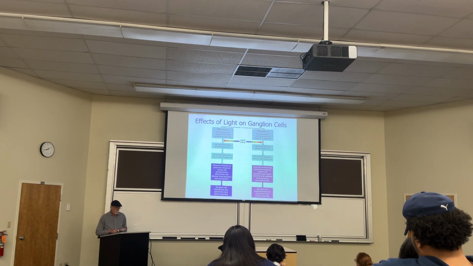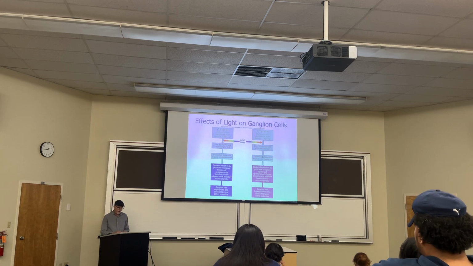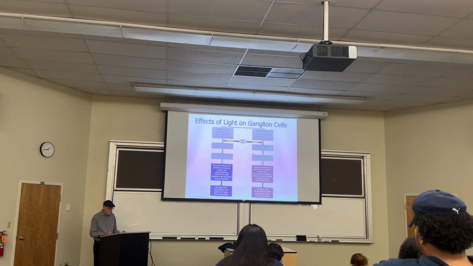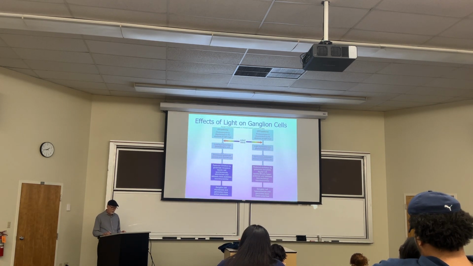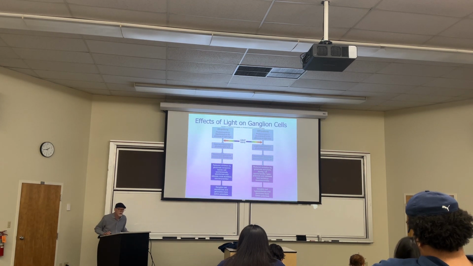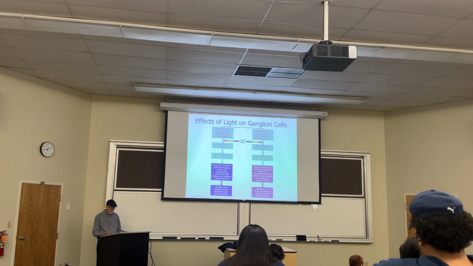Now, in your off pathways, what's different? The first three steps are the same, but in your bipolar cells, when you have more glutamate, they would be excited, and with less glutamate they are inhibited.